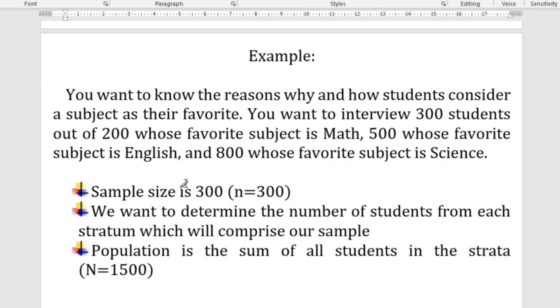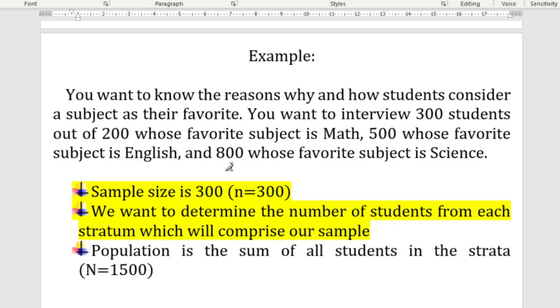Let us define the following. Now, you want to determine why students and how they consider a subject as their favorite subject. In this particular problem, you want to interview 300 students, and that becomes our sample size, denoted by lowercase n, which is 300. And we want to determine the number of students from each stratum.